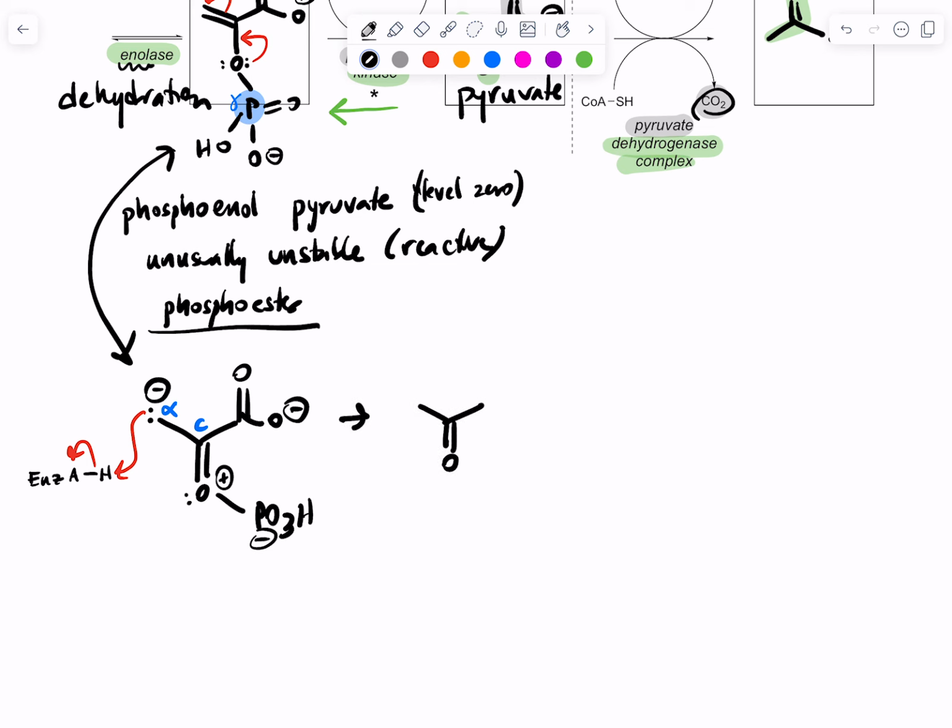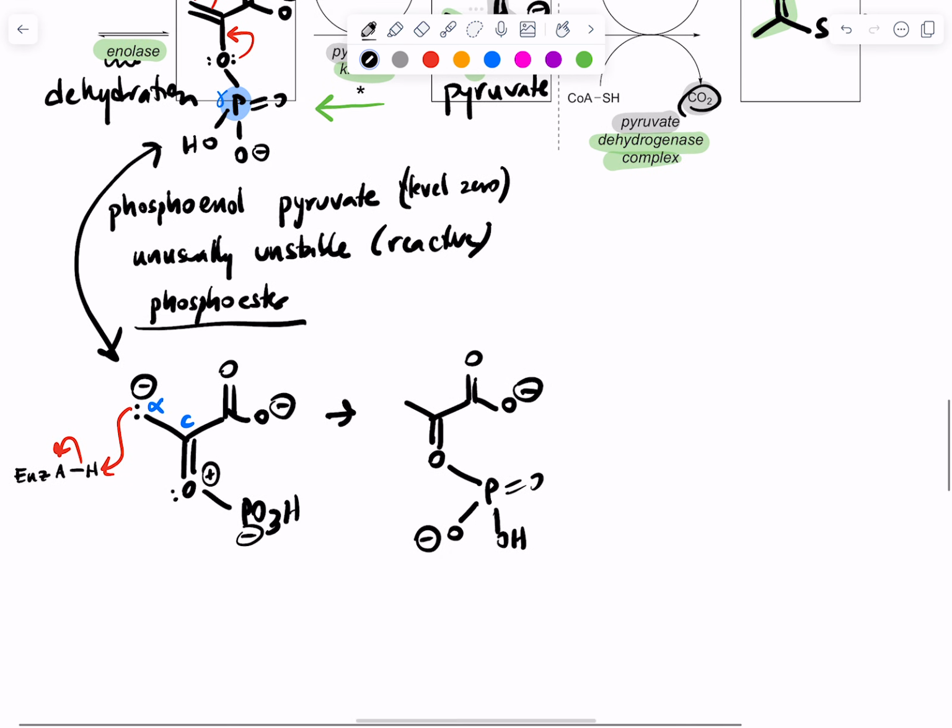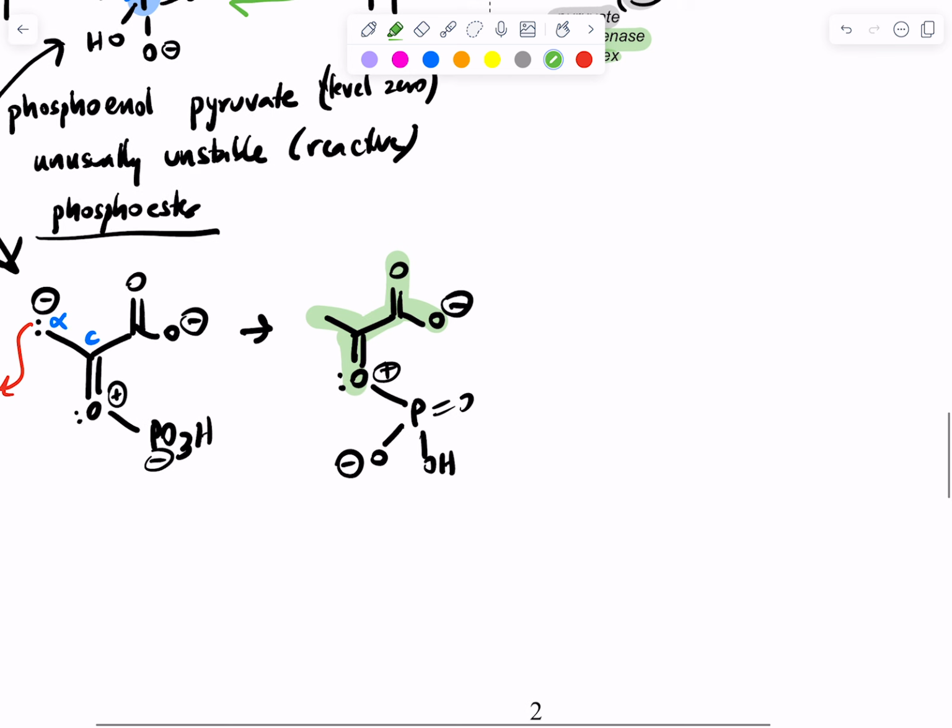That then turns all of this into a really good leaving group. How can you tell it's a good leaving group? Well, first notice that if it left like this, it would leave as a neutral molecule.